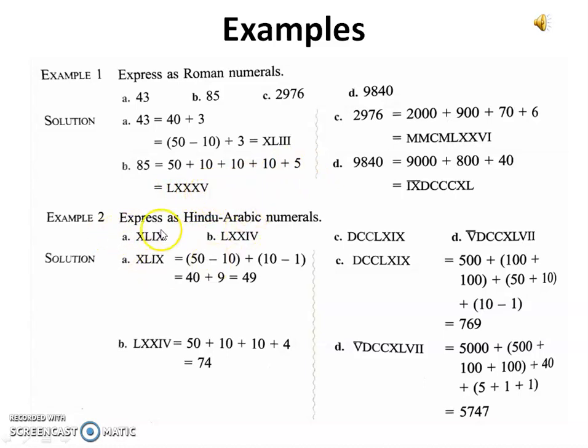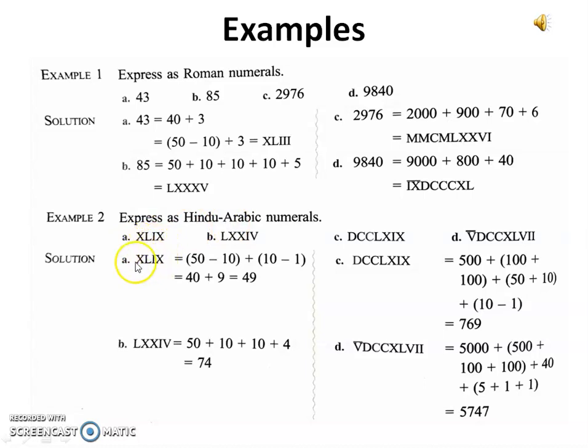Now let's move to example number 2. Express as Hindu Arabic numerals. Here we are given Roman numerals and we have to express these Roman numerals in Hindu Arabic numerals. The first Roman numeral here is XLIX.